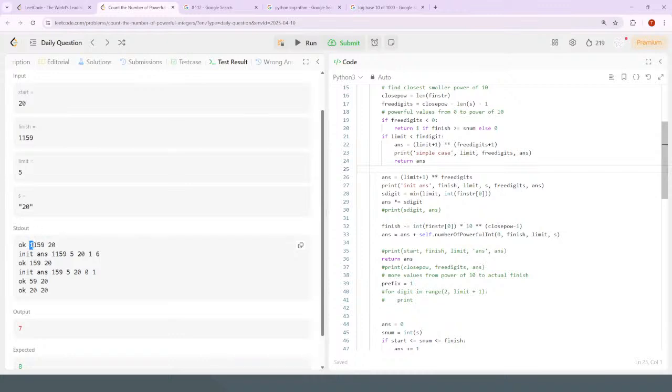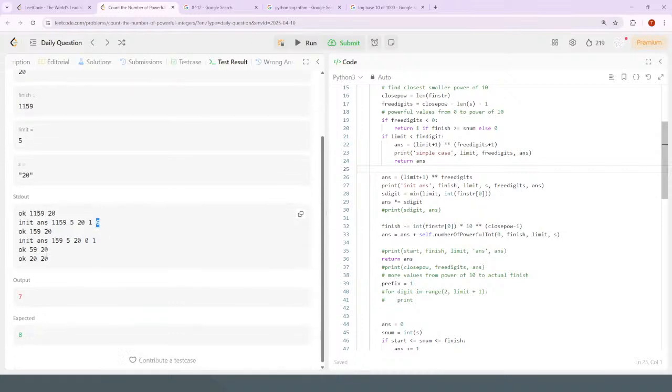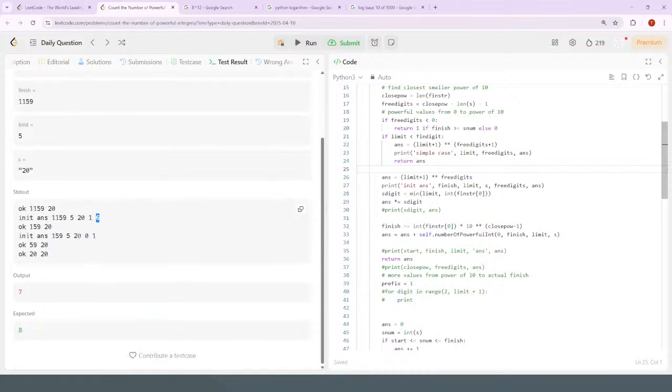Okay, so the 1 free digit is this hundredths place. So therefore there's 6 possibilities in that spot. So your initial answer is 6. Assuming that you have 0 and then one of the 6 possibilities and then 20.